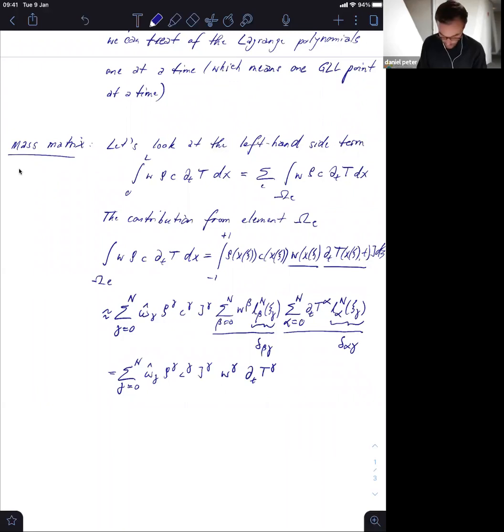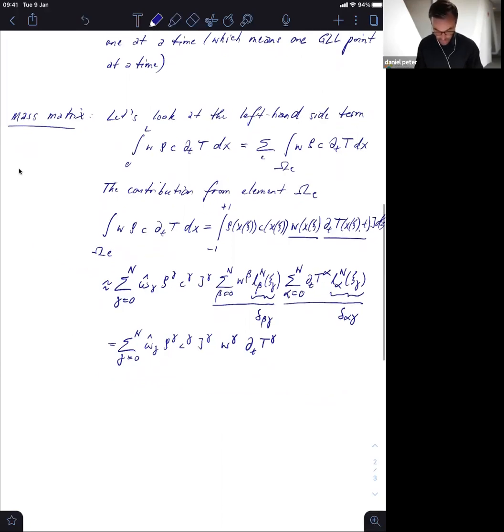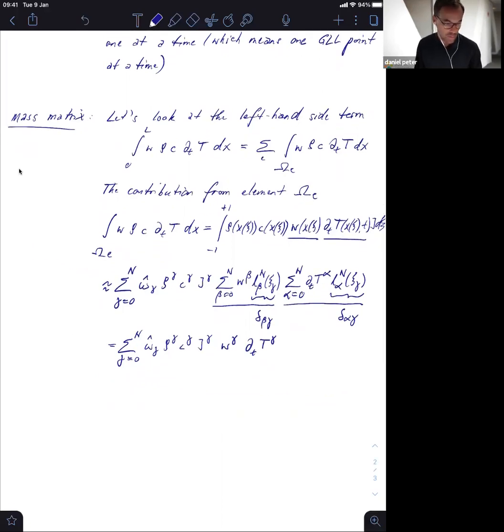And so if you think of a matrix form, then we will see that later on. But the matrix form, when we construct it, this one becomes now diagonal because we only have the value at gamma, which is non-zero. Everywhere else on all the other GLL points, it's 0.